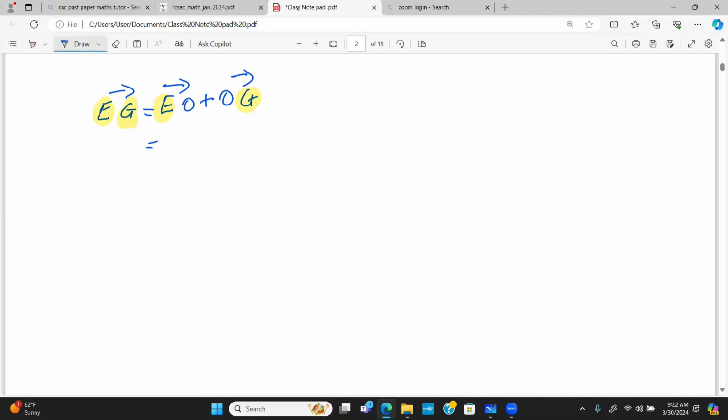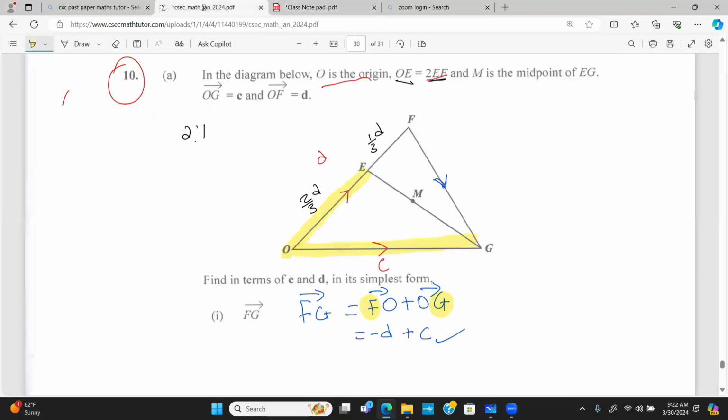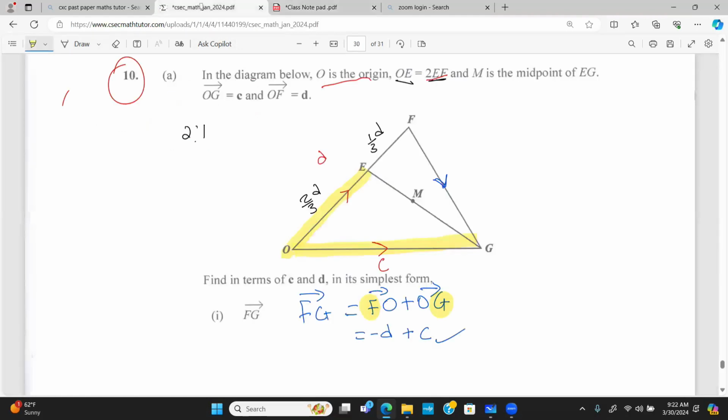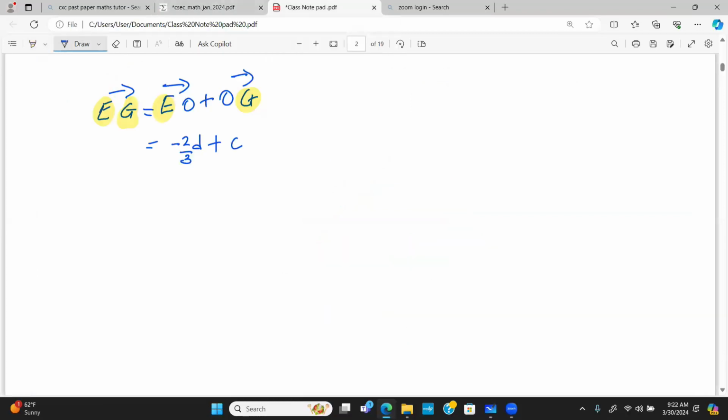Now, EO is going in the opposite direction of OE, so it's going to be negative 2/3 of D, plus OG remains C. That's it. Very much simplified.